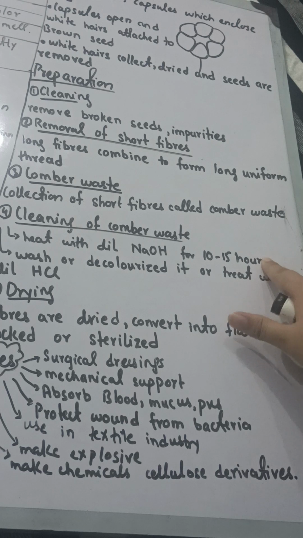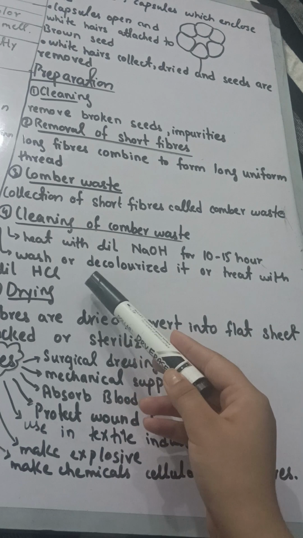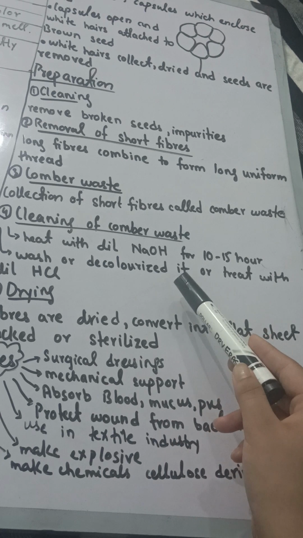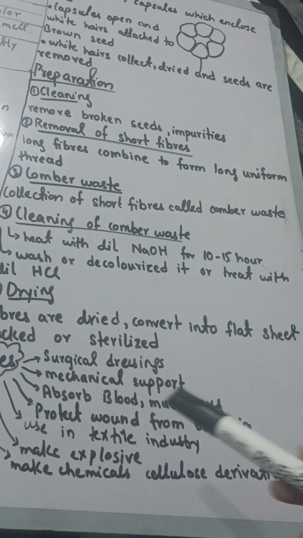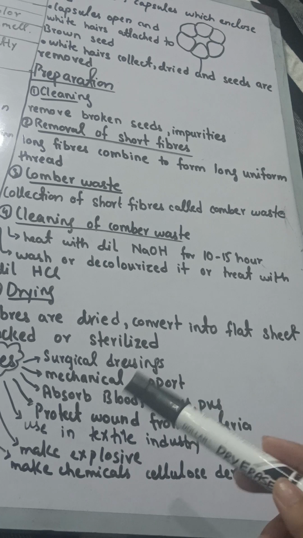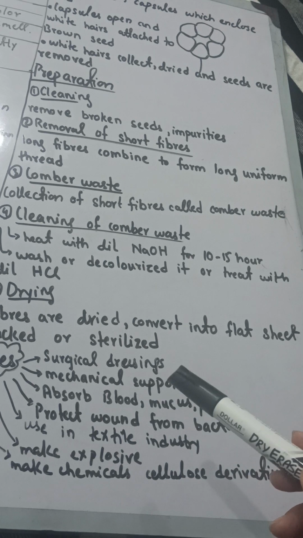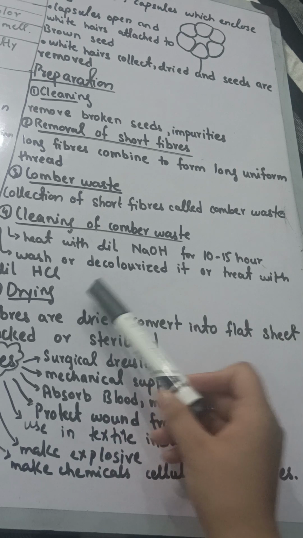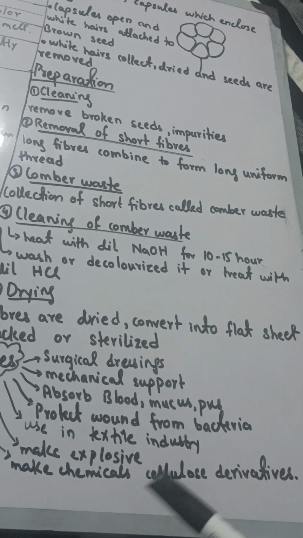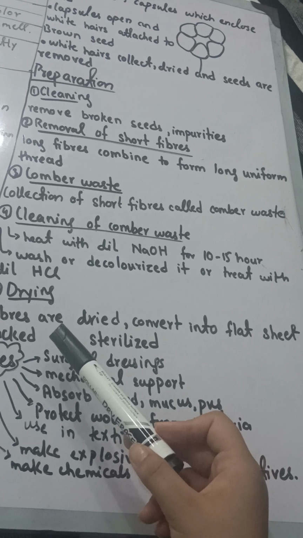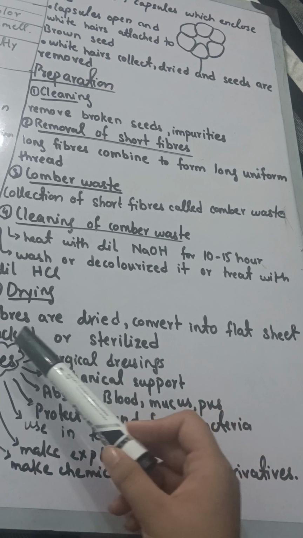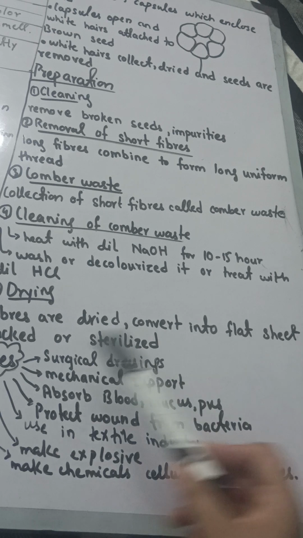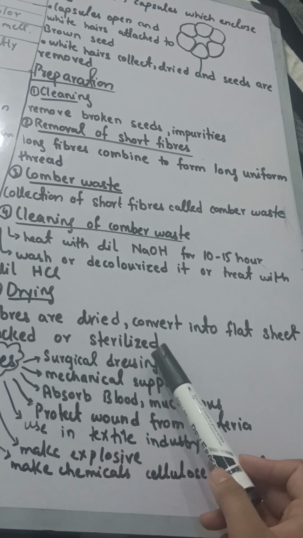Then after that we wash it or dechlorinate that cotton with a dechlorinating agent. You know very well that cotton has a yellowish shade, so we wash it and make the cotton dechlorinated, and after that you treat it with dilute HCl solution. So this was the process of cleaning, and then you go for the drying process. The fibers are dried, converted into a flat sheet, and then packed or sterilized.